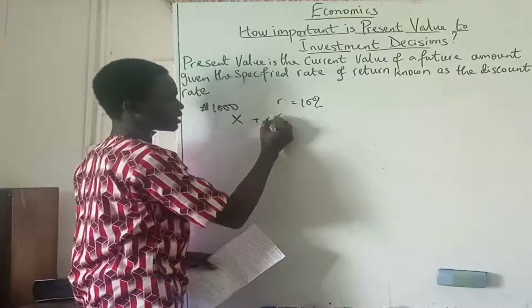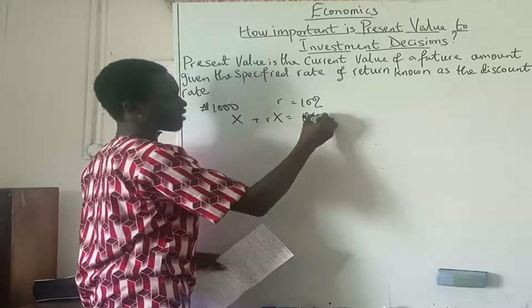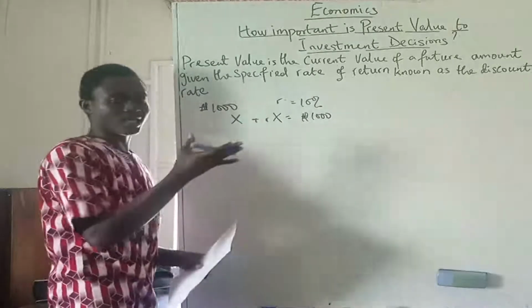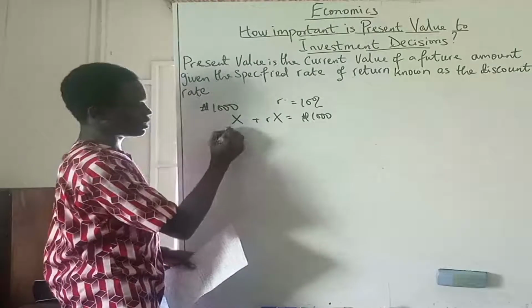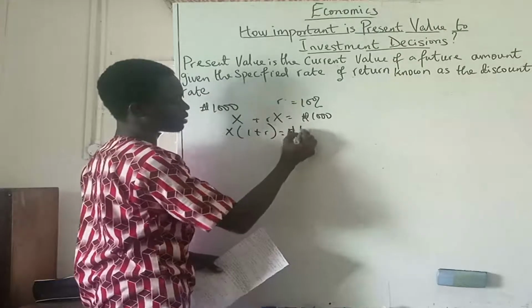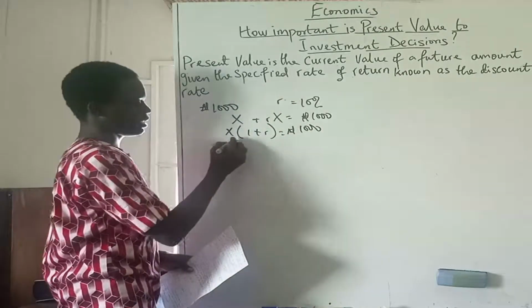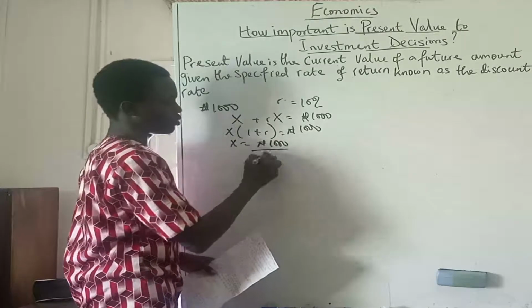So x plus rx gives us 8,000 naira after 1 year. Now x is actually the present value. So how do we get x out? We can say x(1 + r) = 8,000 naira, and from here x = 8,000 naira divided by (1 + r).